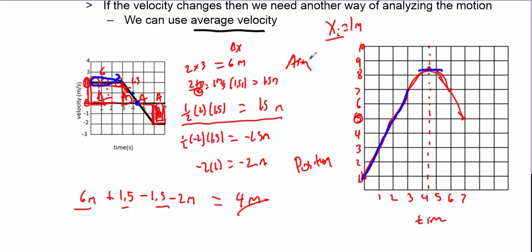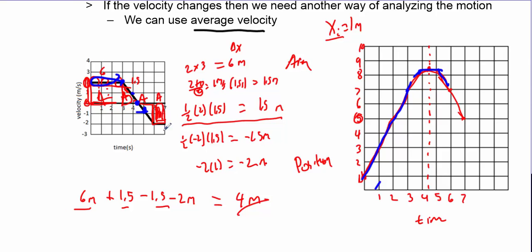Right here, the slope is 1, and so right here, this thing's got a slope of 1. And right here, the slope is 2 because right here, this is 2. Right? And then the slope actually becomes negative, and so this line goes negative.